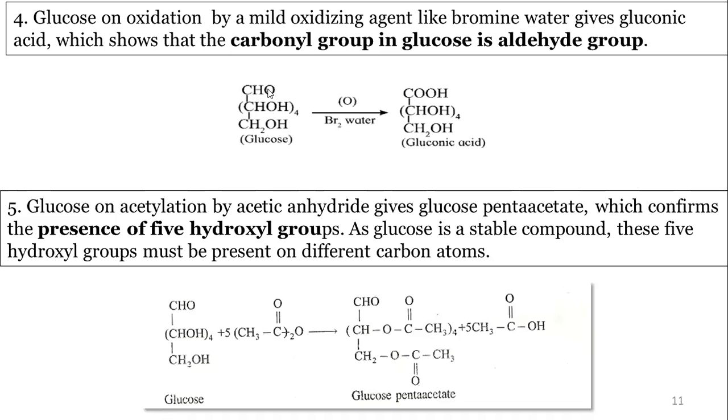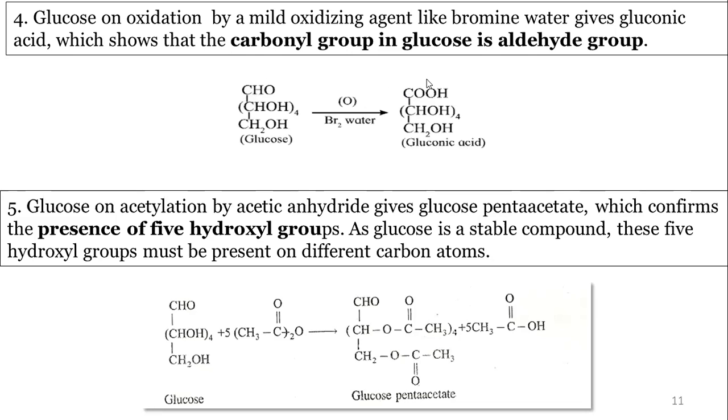This COOH shows that the carbonyl group is an aldehydic group, because aldehydes on oxidation give carboxylic acid. The name of the acid is gluconic acid, because this acid is prepared from glucose.